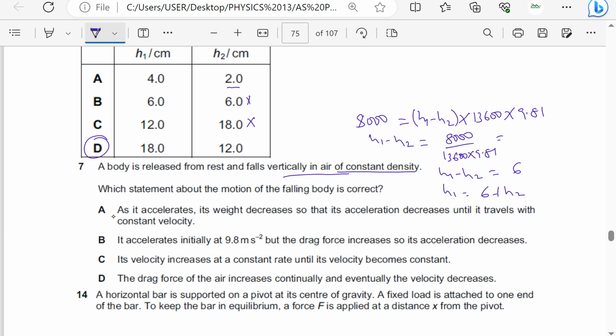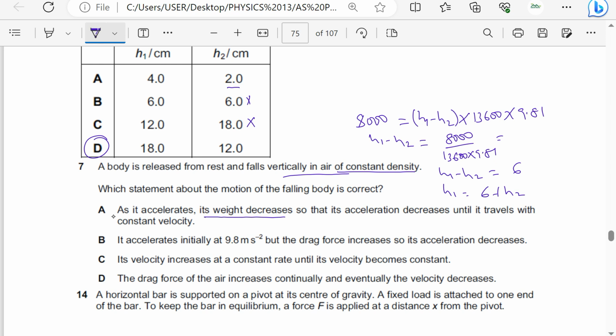Of course, due to gravity, it must be accelerating. It accelerates due to gravity, so that is obvious. As it accelerates, its weight decreases. Of course, the weight of the body does not decrease because the weight will remain constant. So that part of its weight decreasing is not true.